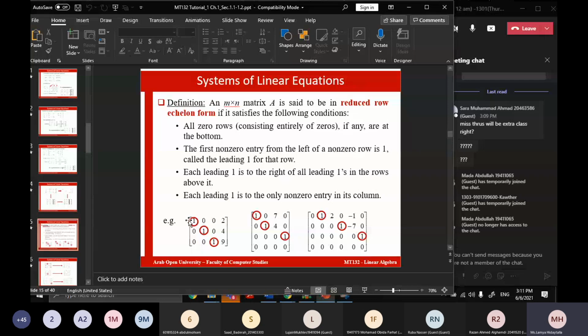The first non-zero element in every row should be 1. We call this one the leading one.